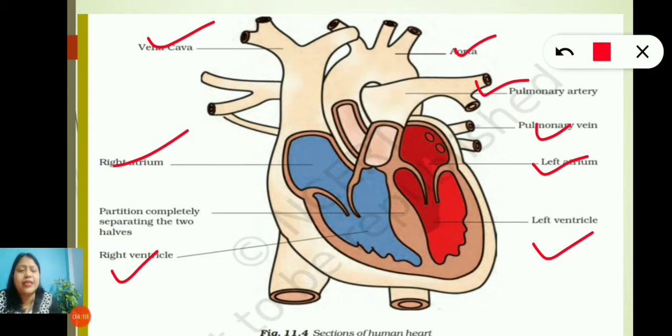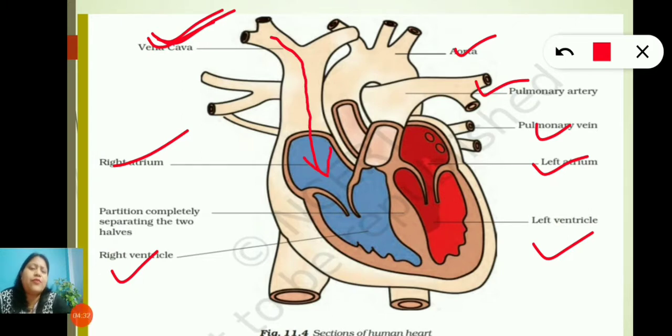Now let us understand how the blood travels. The vena cava is the tube through which the deoxygenated blood first enters. Once the right atrium gets filled up, it pushes the deoxygenated blood into the right ventricle.